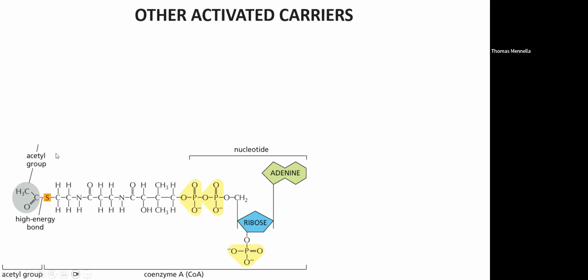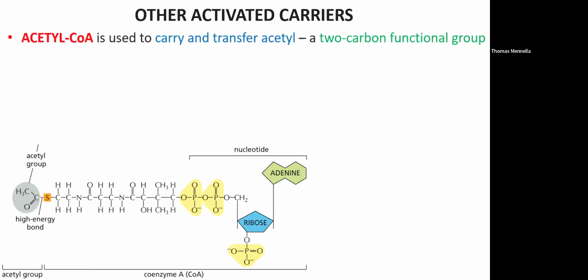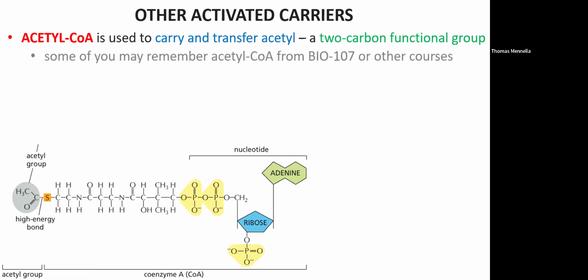So you've got this huge molecule, huge in size and in atom number, all to carry a very small, though high energy, acetyl group. So acetyl-CoA exists as an activated carrier of acetyl, a two-carbon functional group.